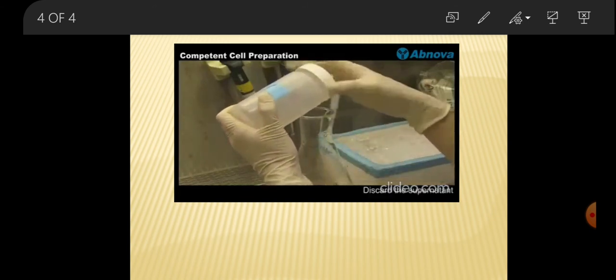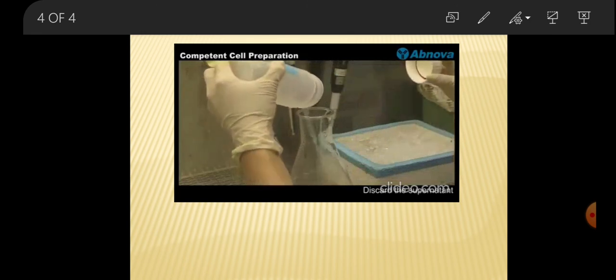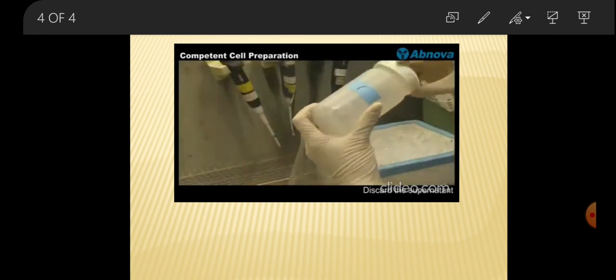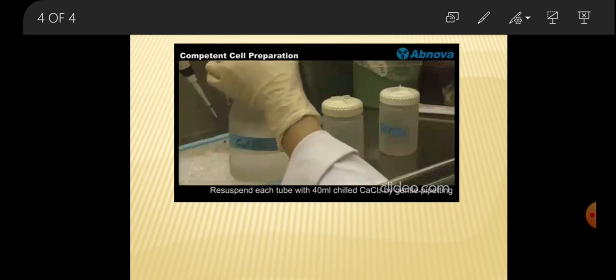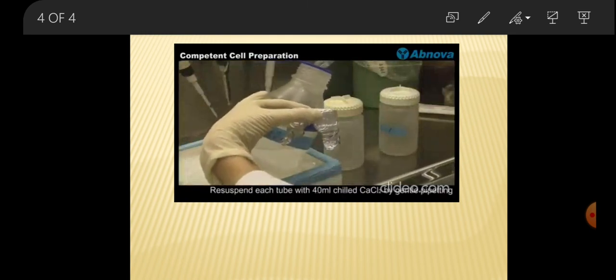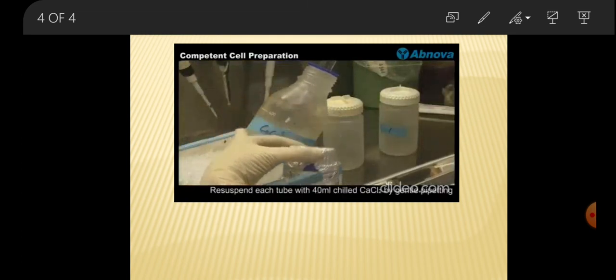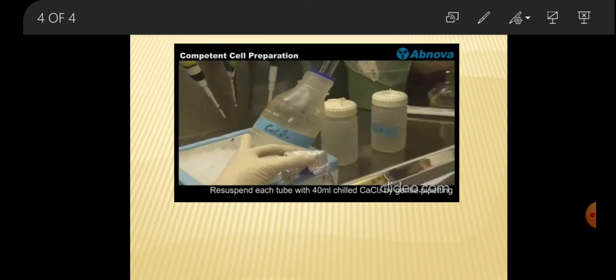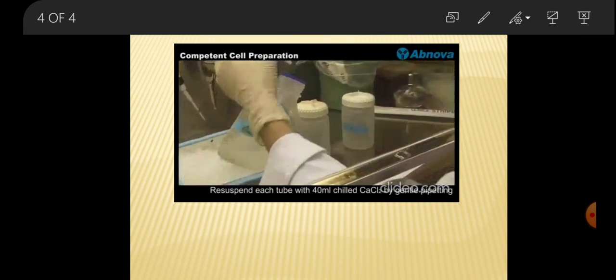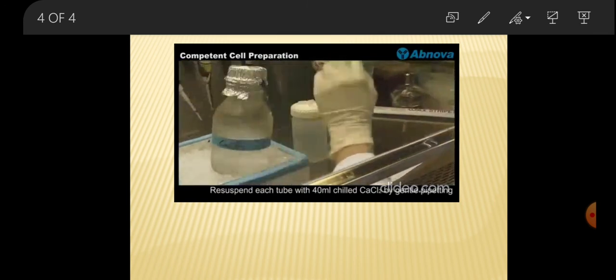They will repeat the whole process 2 to 3 times. You can see they are discarding the calcium chloride, again adding the calcium chloride solution. Two to three times centrifugation in ice cold condition is very important here.